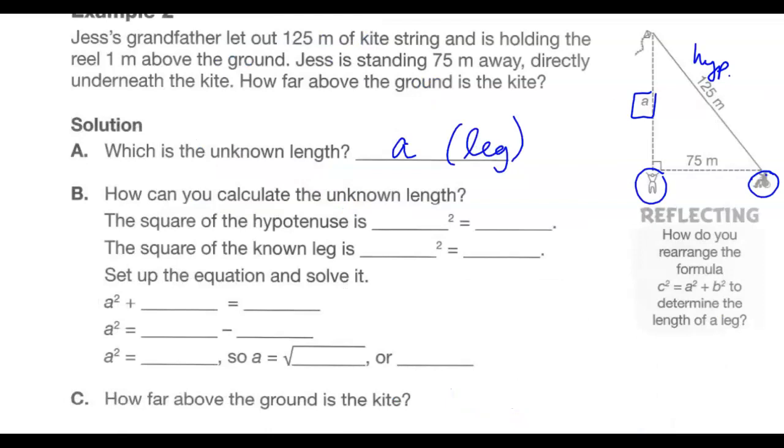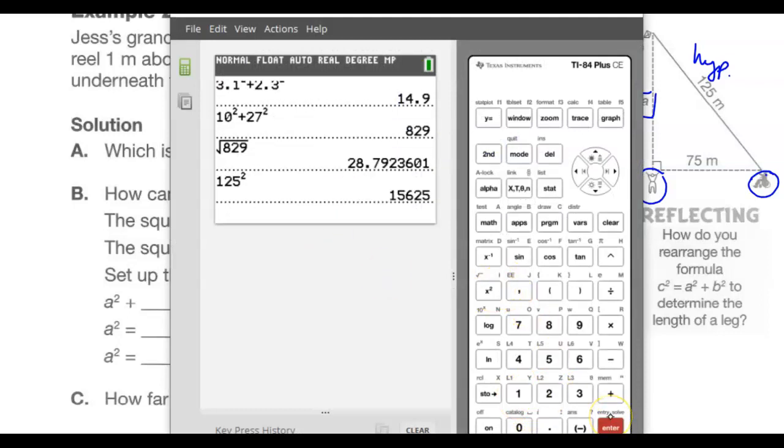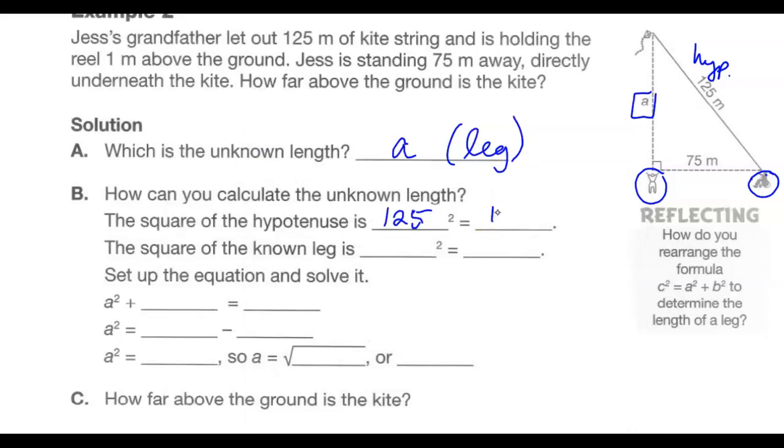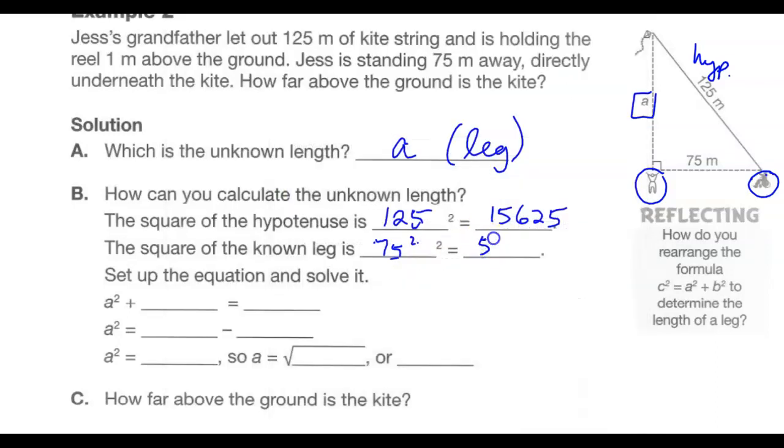It says, how can you calculate the unknown length? The square of the hypotenuse is, take 125 and square it, 15,625. The square of the known leg, 75 squared, is 5,625.